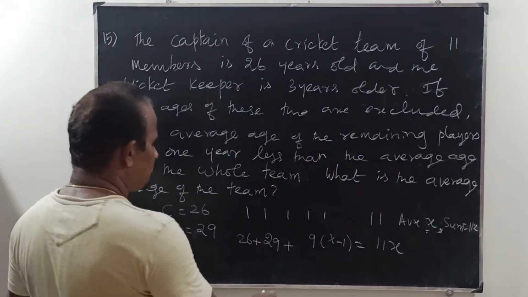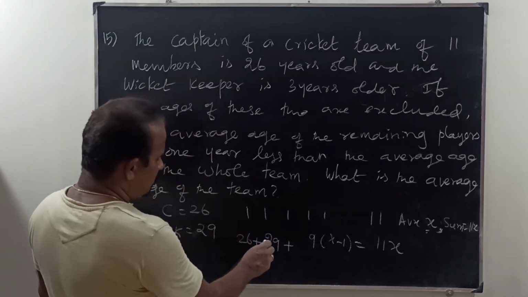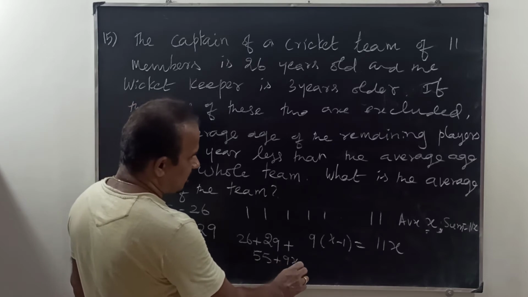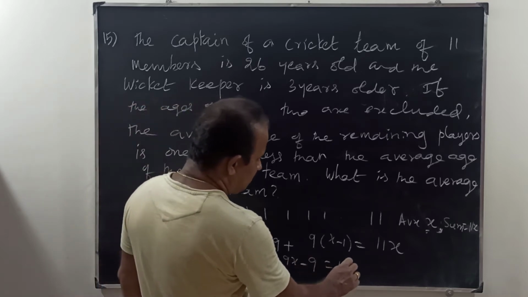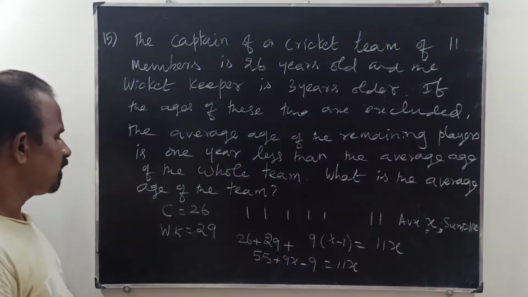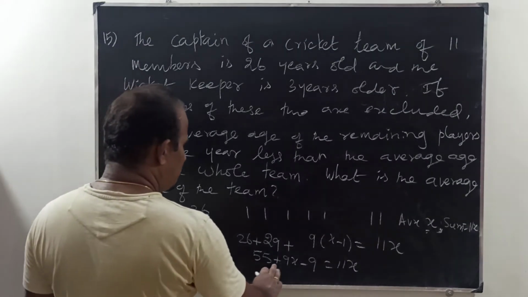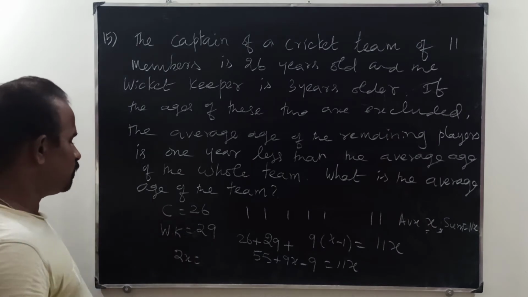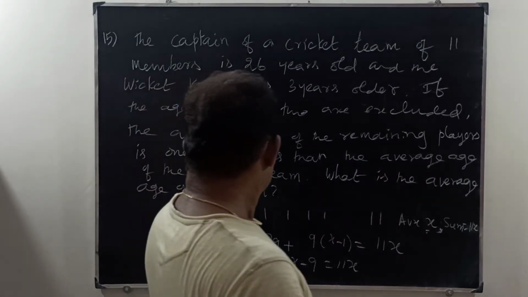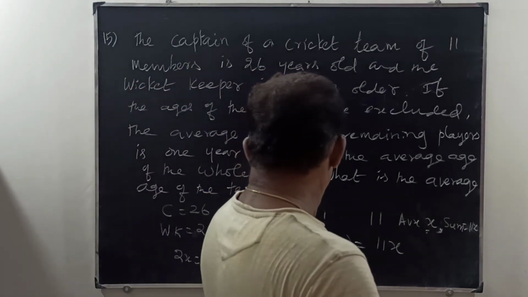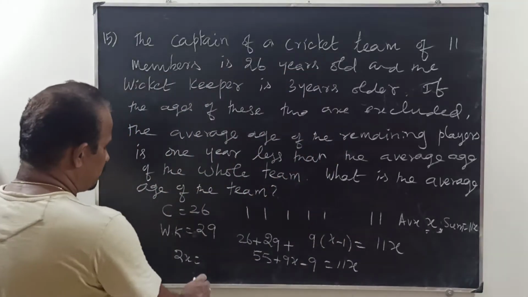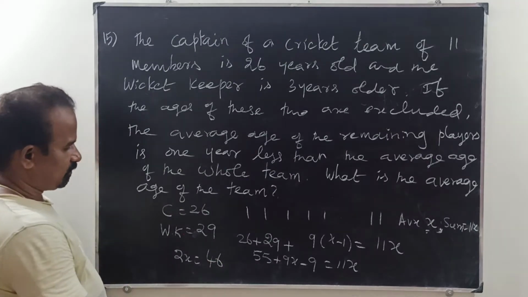So this becomes 26 plus 29, that is 55, plus 9x minus 9 equal to 11x. Therefore 2x is equal to 55 minus 9, therefore this is 46.